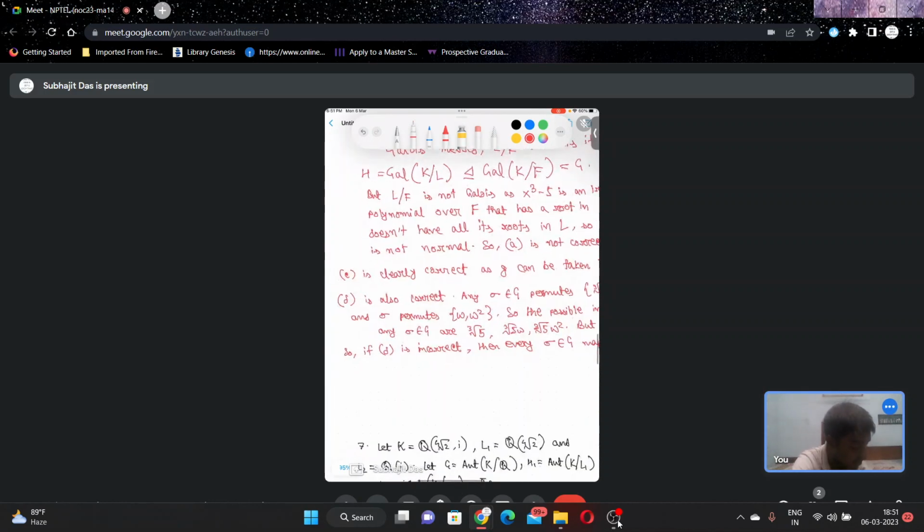Thus the cardinality of the Galois group of the extension K over F would be, in that case, less than or equal to 2, right?